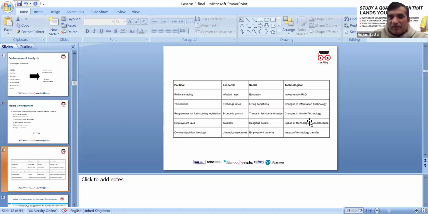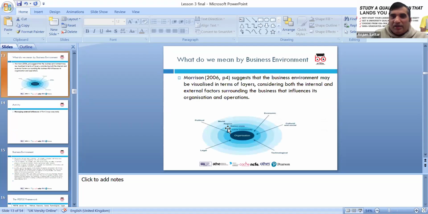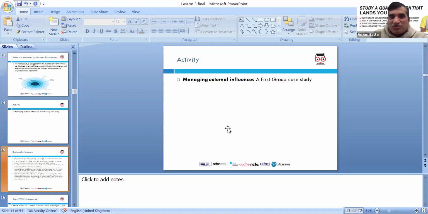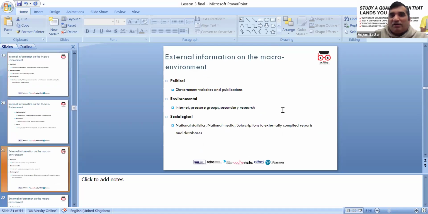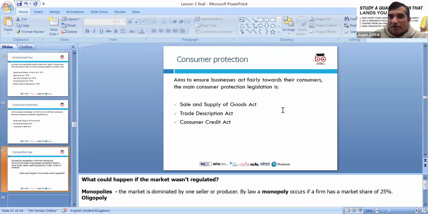So that's what we mean by the business environment definition. We included some activities, and we included different types of variables under each element: political, economic, social, technology. That is the key of this unit: micro and macro environment.